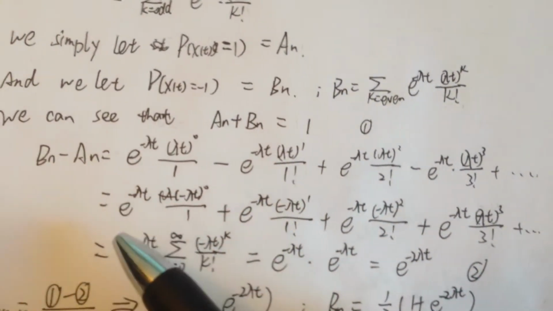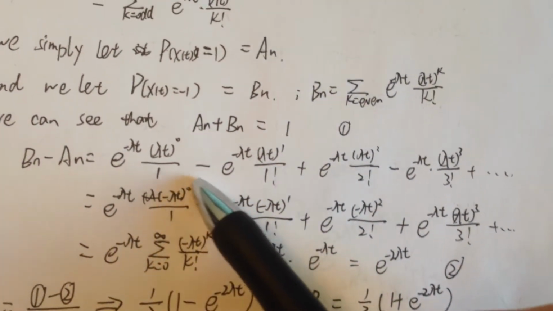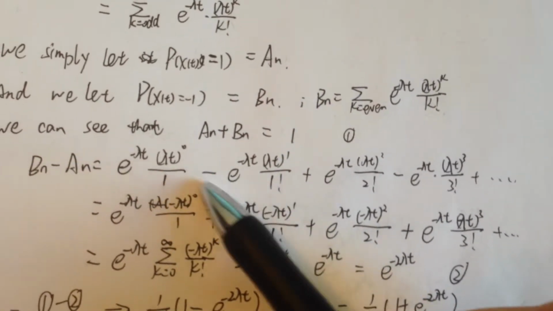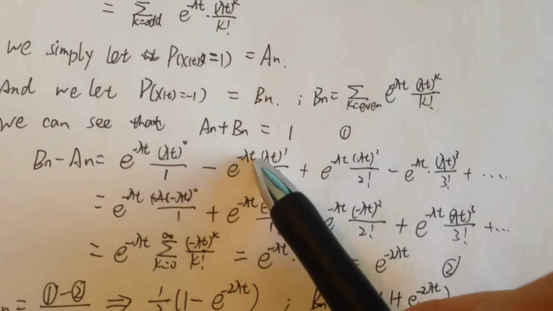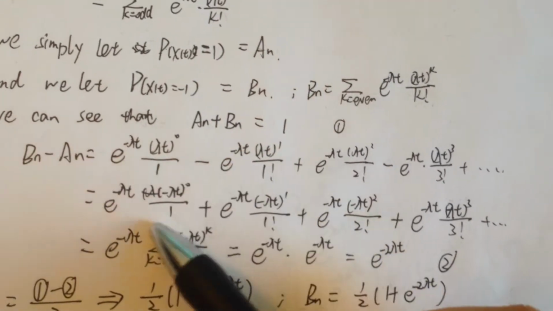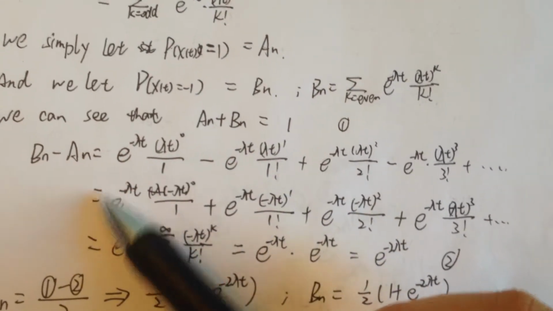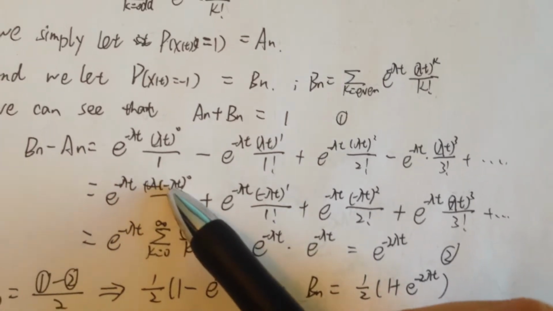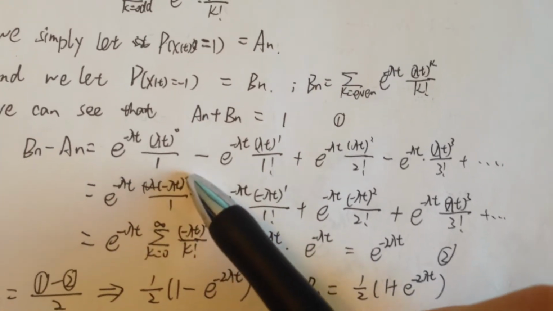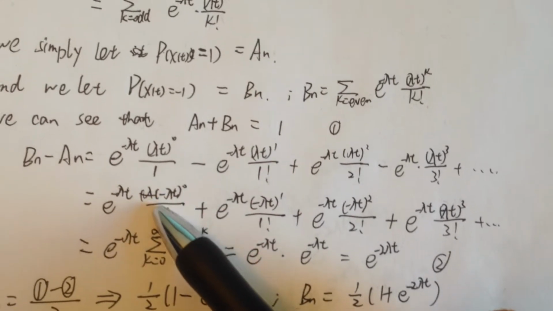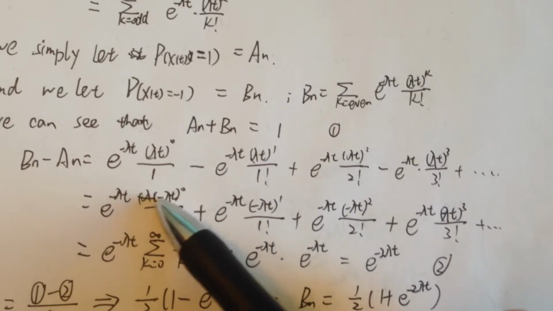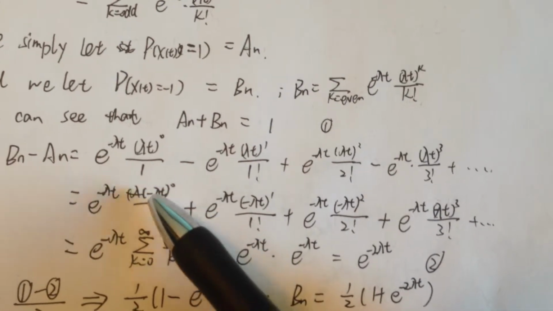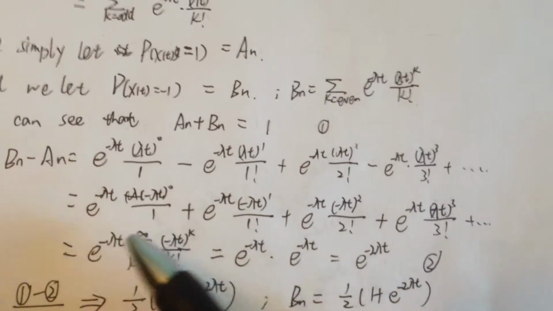Then we can factor the minus sign into every term. That is, it equals e to the minus lambda t times (minus lambda t) to the 0 power. So this minus sign does not change the value of this term, right?